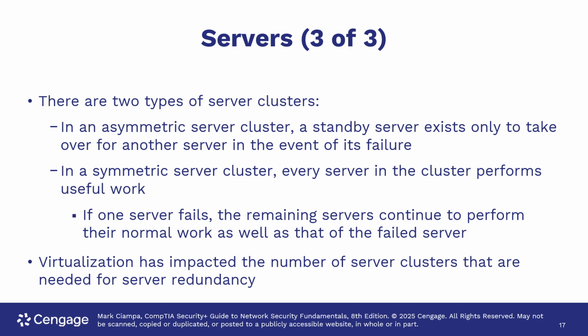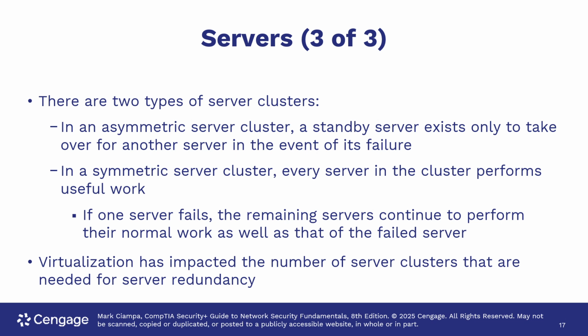There are two types of server clusters. One's called an asymmetric server cluster. It's a standby server that exists only to take over for another server in the event of its failure. So it's on standby. In a symmetric server cluster, every server in the cluster performs useful work. If one server fails, the remaining servers continue to perform their normal work as well as that of the failed server.